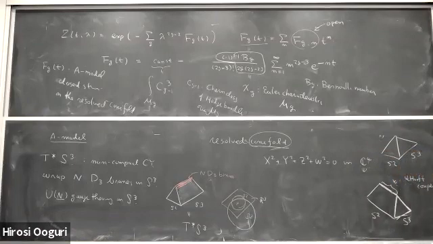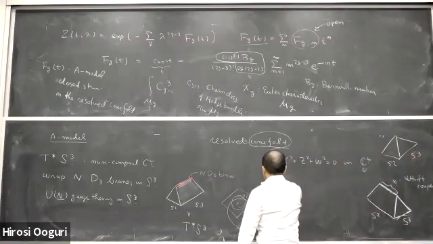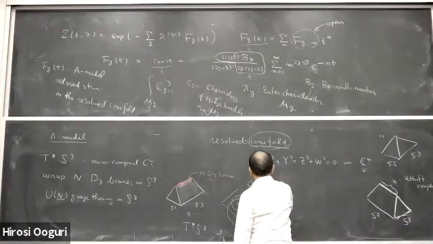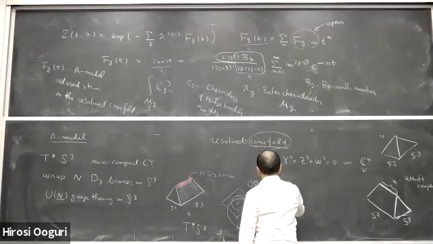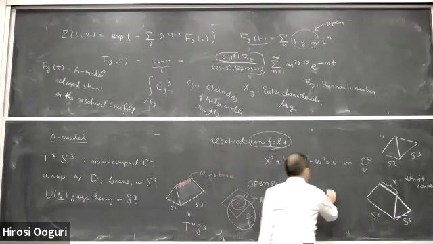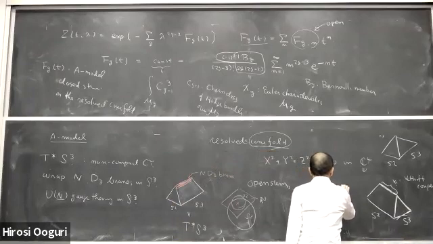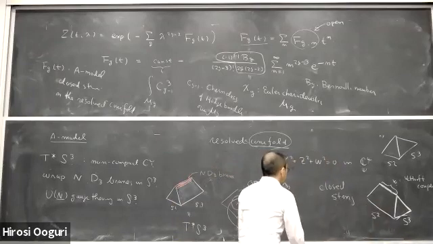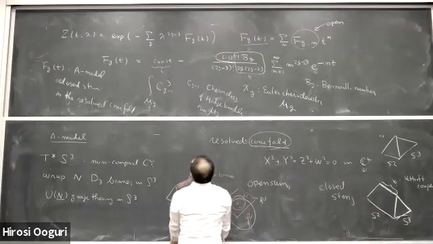Okay? And so here you have open strings on this geometry, and here you have closed strings on this geometry, and then this equality.